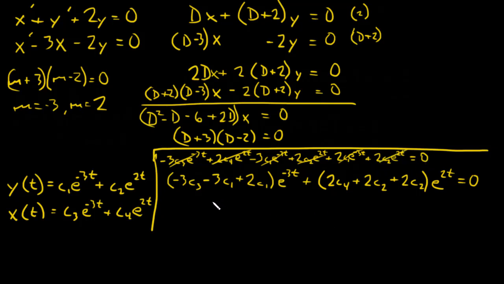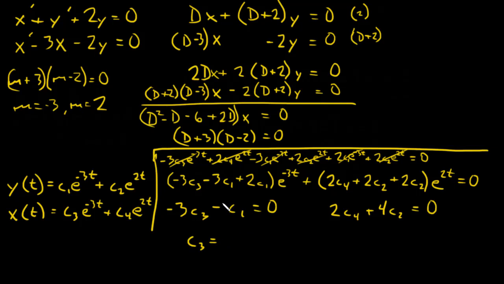Alrighty, so now I can set each of these pieces equal to 0. So negative 3c3, and then negative 3 plus 2 is going to be minus 1c1 equals 0. And then here I'm going to get 2c4 plus 4c2 equals 0. Now I want to solve for c3 in terms of c1, and that's not going to be hard.